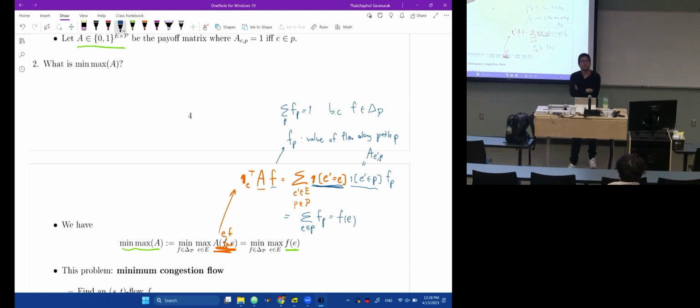Yeah. Are we summing over all paths for a fixed E? No, yeah. Summing over all paths such that E is in P. Okay. Maybe I can write it.